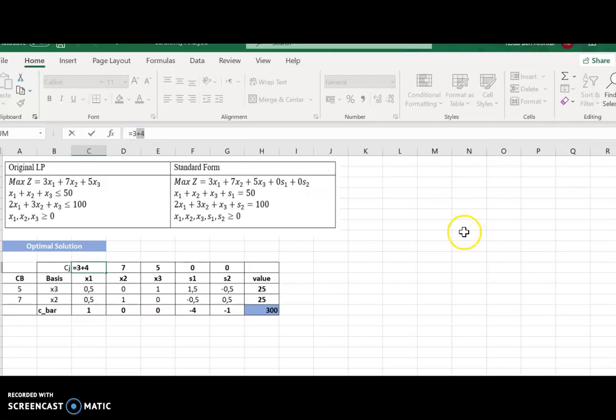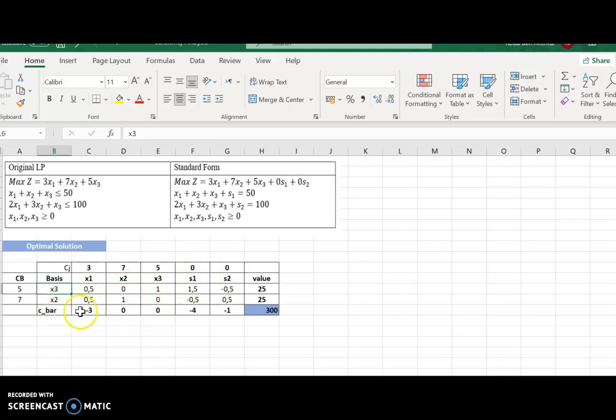Okay, so this is the case of a non-basic variable. It is not, however, the same for basic variables. So the basic variables here are x2 and x3. So what happens when we change the coefficients or the profit rates for x2 and x3?